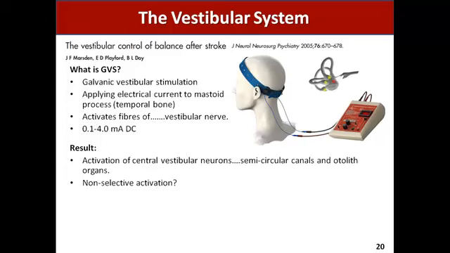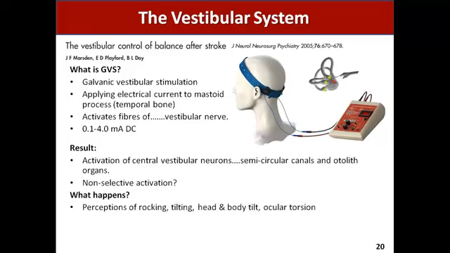There is a question of whether this activation is either selective for one particular type of sensory organ or not. That answer has not been conclusive yet. So one of the criticisms of this technique to use experimentally is that it results in non-selective activation.